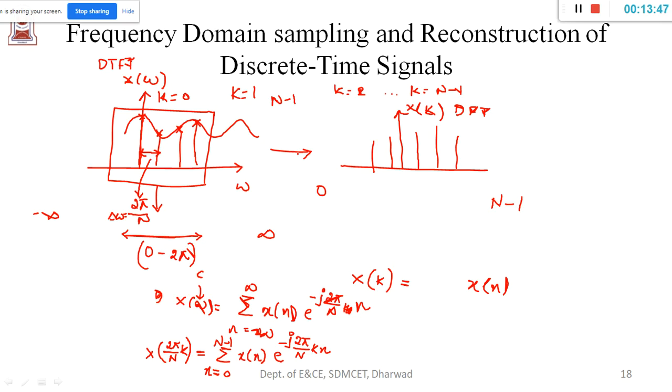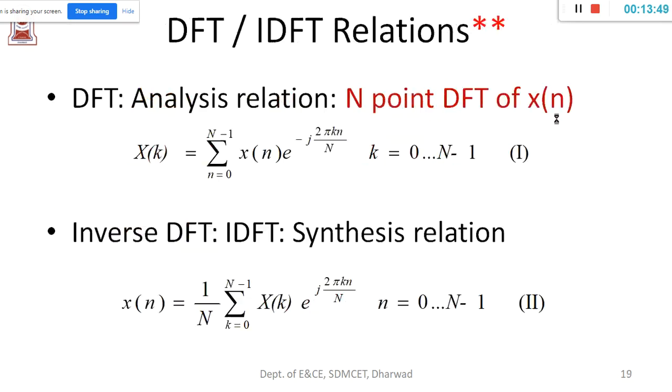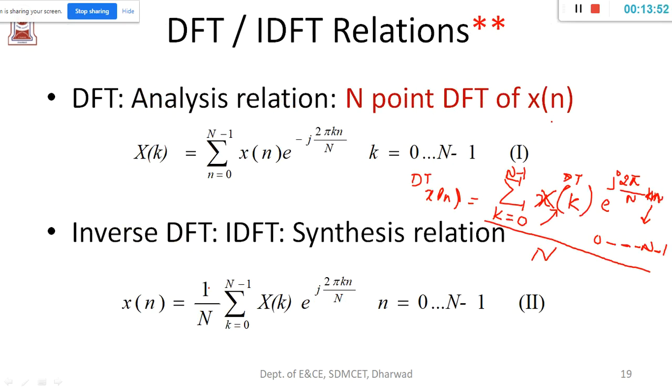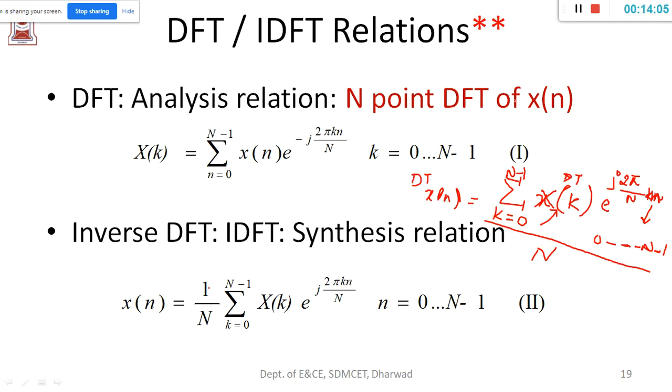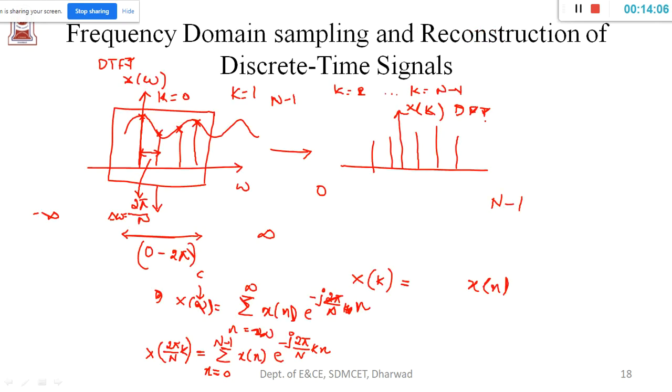So this is a very important point. When you obtain the sampled version of the DTFT signal, we try to replace this e to the power of minus j 2 pi by N with W_N.